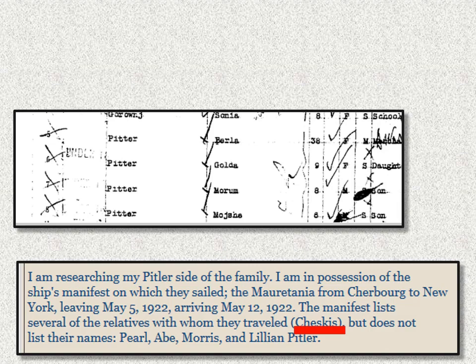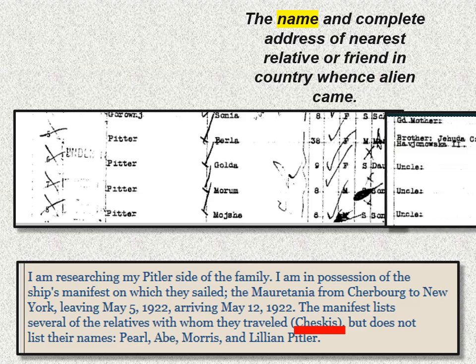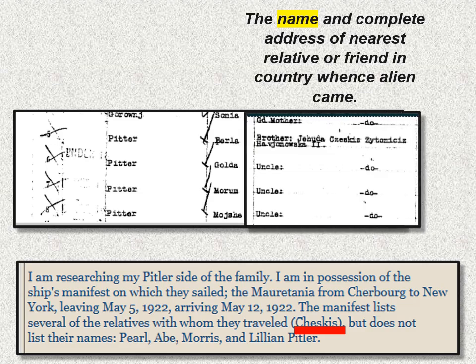One of the things that was required was the name and complete address of the nearest relative or friend in the country whence alien came. So let's bring that column over here to show you this. And there it is. Bingo. Her brother in the old country is a Seskis, Jehuda Seskis. That's very, very promising.